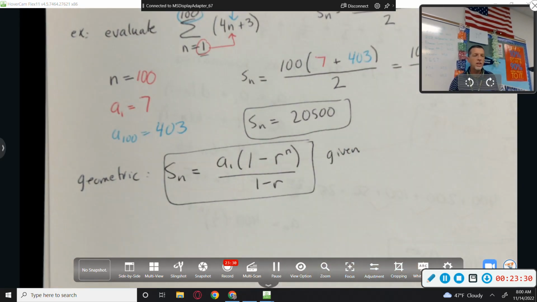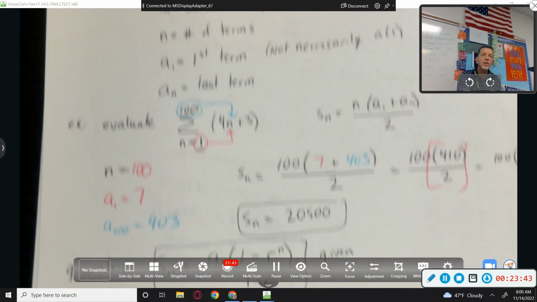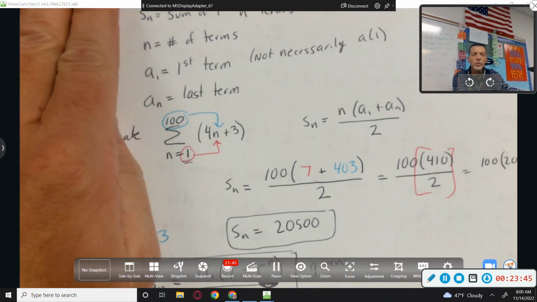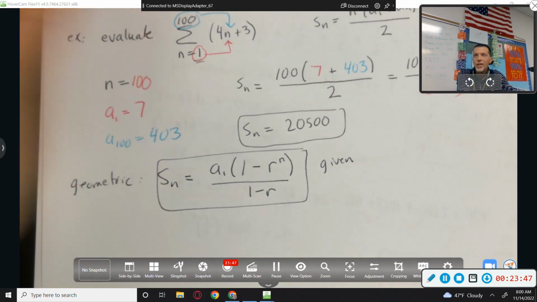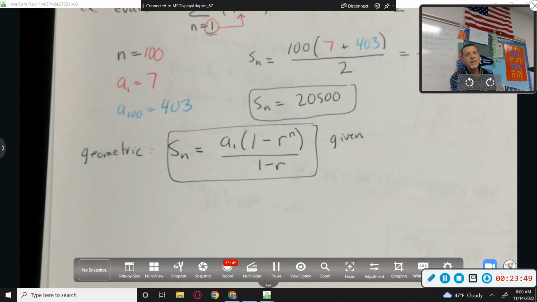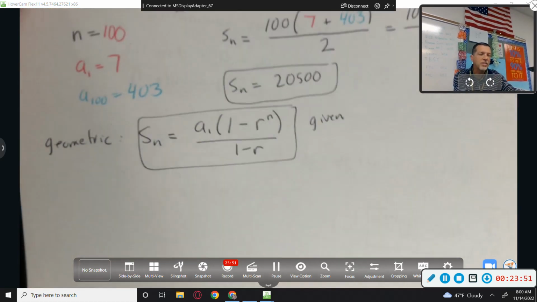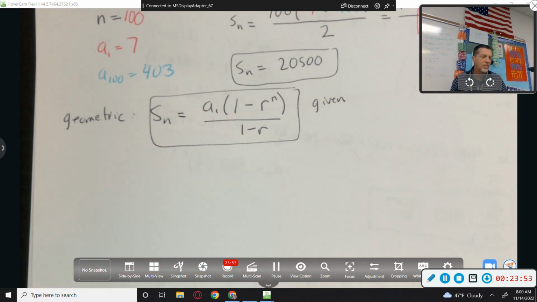Again, given. I don't know if we tell you which one's which, but it's pretty easy to know which one's which in terms of arithmetic versus geometric. How can you tell, looking at those two formulas, if they weren't labeled, how would you know which one is the geometric one? The one with R in it. So I don't remember if I label them or not, but because of the R, it's pretty clear that that's the geometric one.